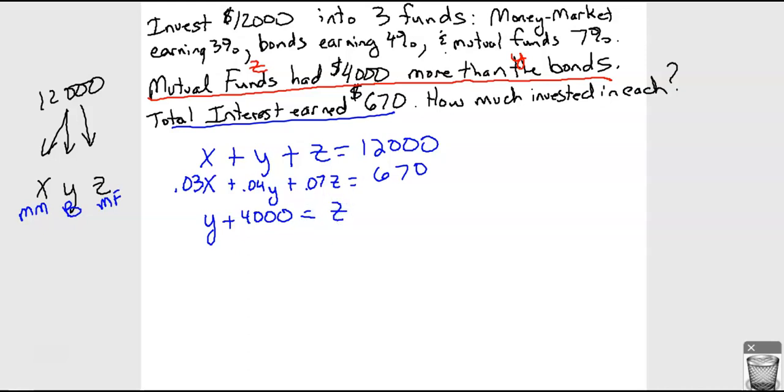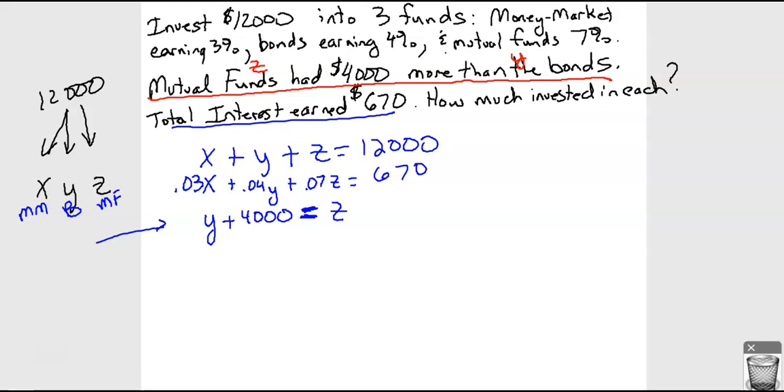Again, that's something you've got to wrap your brain around because it says mutual funds have 4,000 more. Well, then if mutual funds have 4,000 more, to make them equal, you need to add 4,000 to the bonds. All right, now we have three equations.